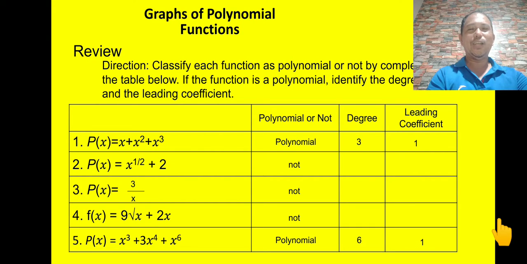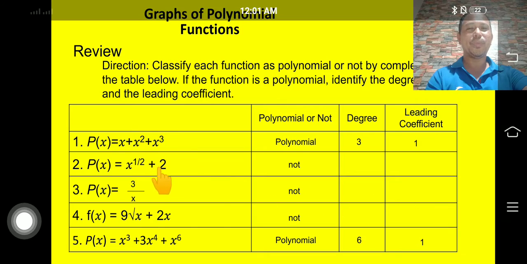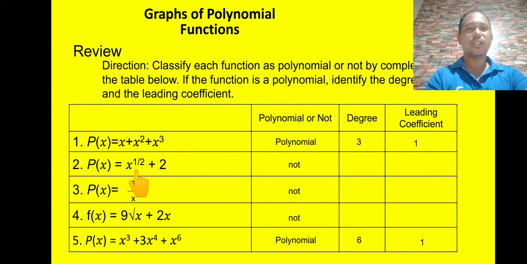Okay? Look at number 2, the exponent. The exponent for variable x is 1/2. Meaning, if the exponent is not a whole number, then it is not polynomial.